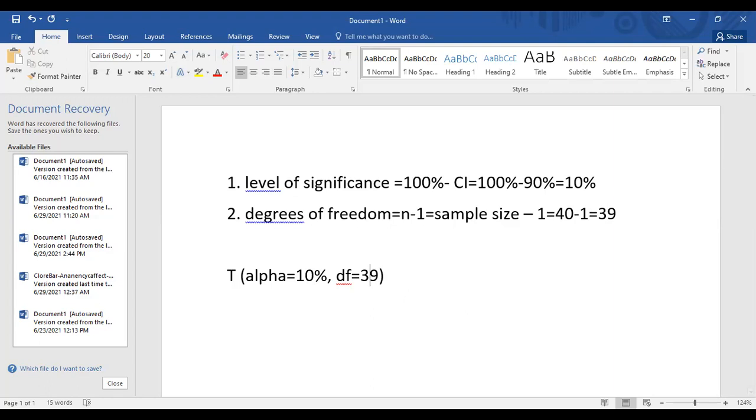So all of you open the T table. Can you open a T table in Google? There are many, you can see anywhere. But I will give you the correct table, so for the time being, just wait and see. I will give my table today to avoid any confusion. Alpha is 10%, DF is 39.